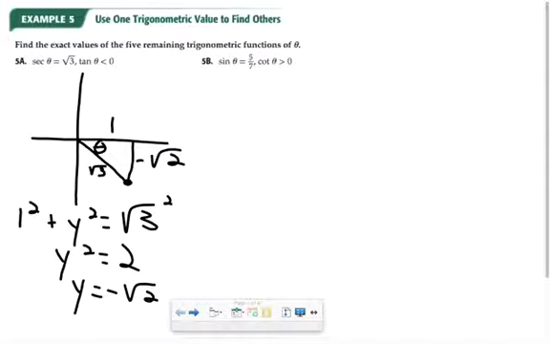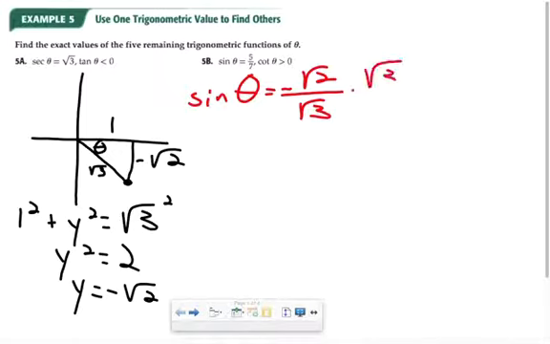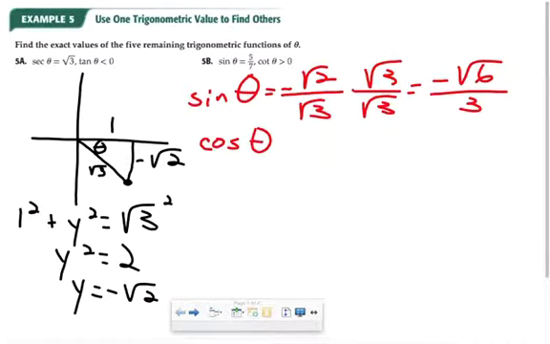The sine of theta, remember, is y over r, so that's negative radical 2 over radical 3. We rationalize the denominator and get negative radical 6 over 3. Cosine is just the reciprocal of the secant, which was given to us, so that's going to be 1 over radical 3.